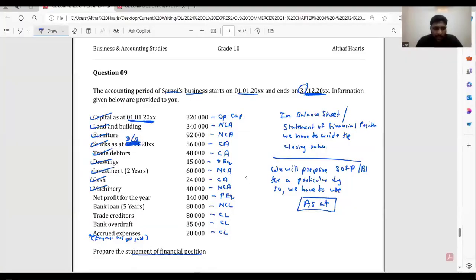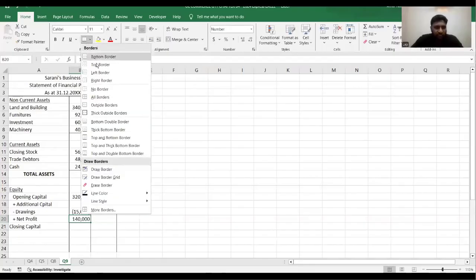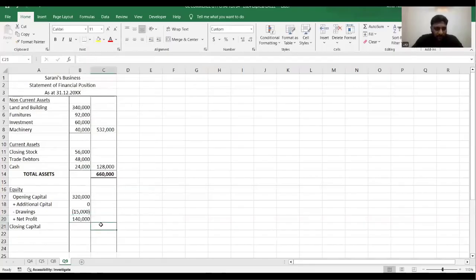Then net profit, they have given 140,000. Net profit will increase the equity. Now we can get the closing capital. That's what we need. 445,000.